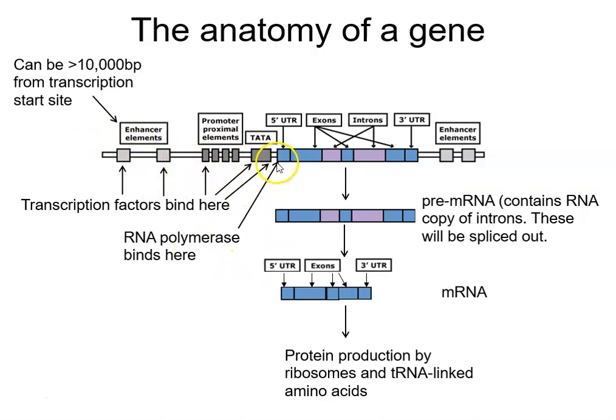Now, RNA polymerase can only bind to the promoter region of a gene if transcription factors are present, and the transcription factors bind to specific DNA sequences called enhancer elements and proximal enhancer elements, and there are these downstream enhancer elements. Now, the transcription factors have to bind to these DNA sequences to allow RNA polymerase to bind, and those proteins that allow RNA polymerase to bind are transcription factors. Without transcription factors, you don't get transcription.